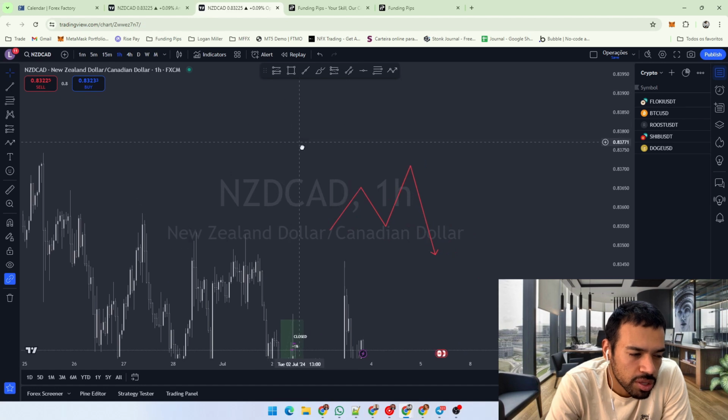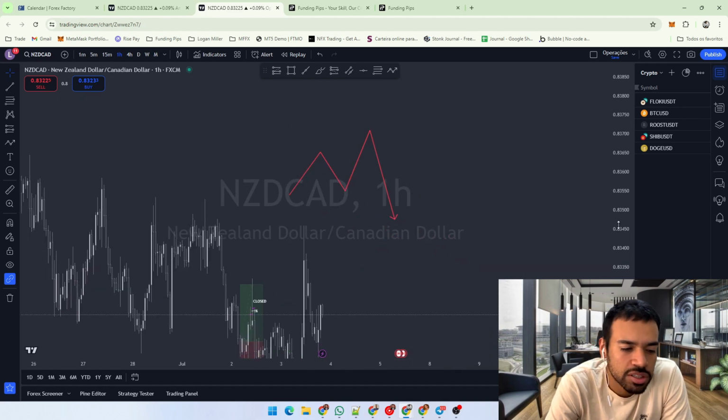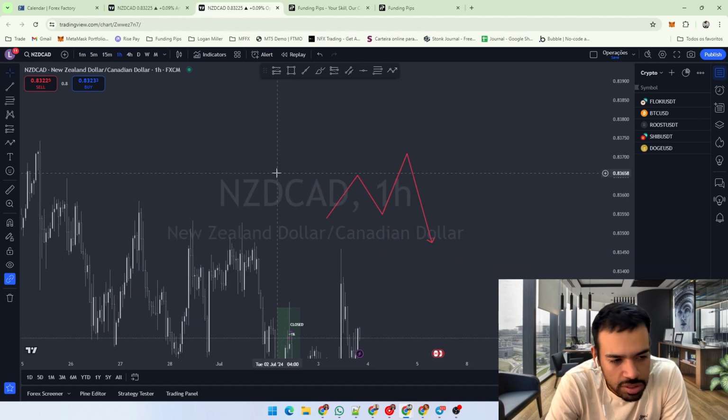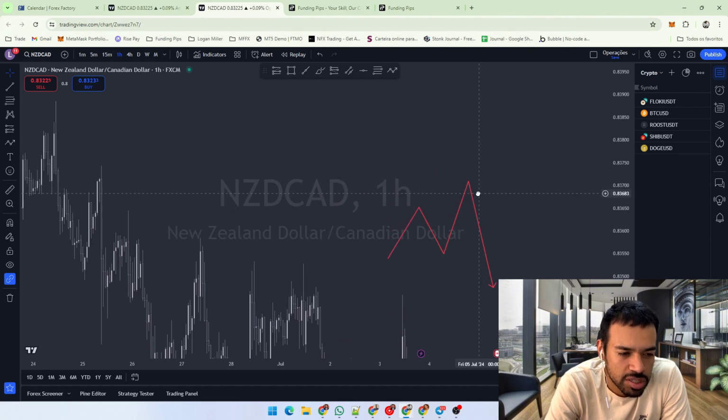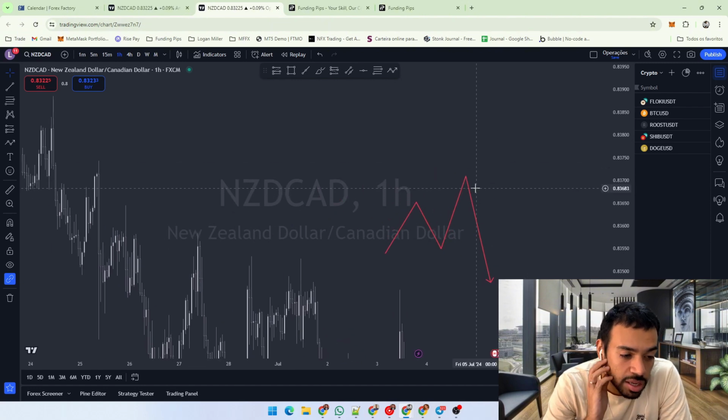So if you have a downtrend line, I can just make short positions, and if you have an uptrend line in daily, I can just open long positions.